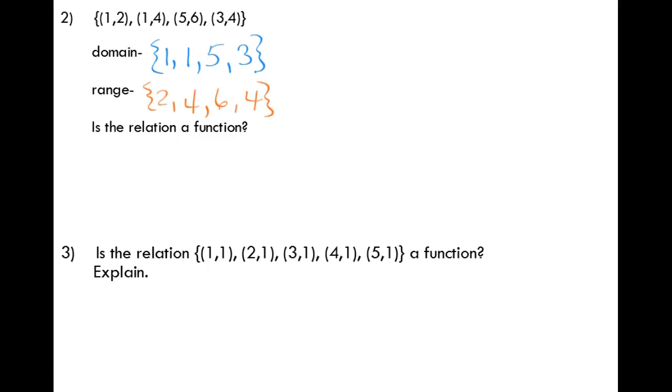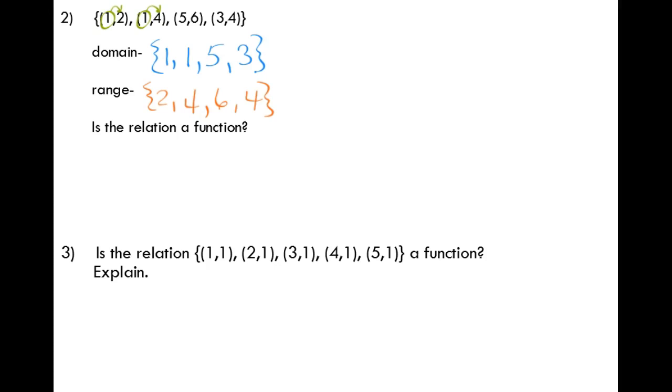Well, for it to be a function, 1 goes to 2, and it can't go to anything else. But in fact, I see here it goes to 4. It's kind of like saying, is this a reliable thing? If I throw an input in, so if I throw 1 into this function, it will spit out sometimes 2, sometimes 4, and it's not predictable.